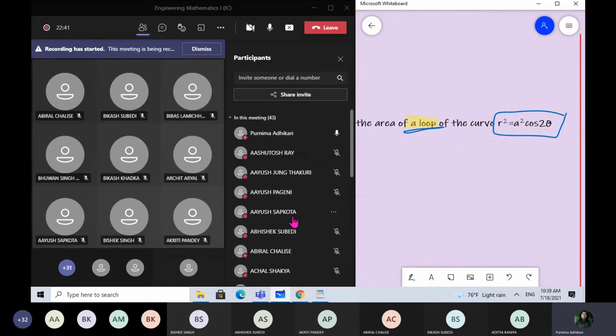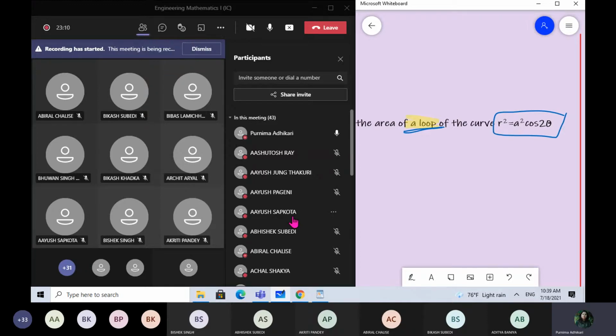Those who are not going to respond or don't let me know by any means that they are facing any problem, I will mark them absent. So yes, Ayush Sapkota is not responding. I'm going to write down his name. Ashutosh Adhikari.